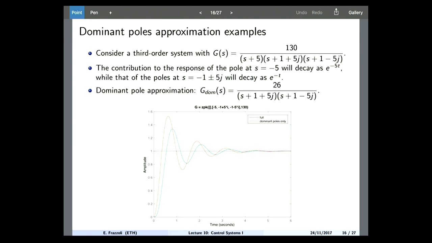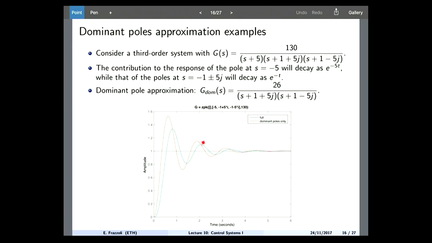For example, if we have a third order system, something like that, right? This has a pole at -5, which will decay as e to the power -5t, and then you have two poles at -1 plus or minus 5j, which will decay as e to the power -t. And this is the response, right? The full response is the blue.